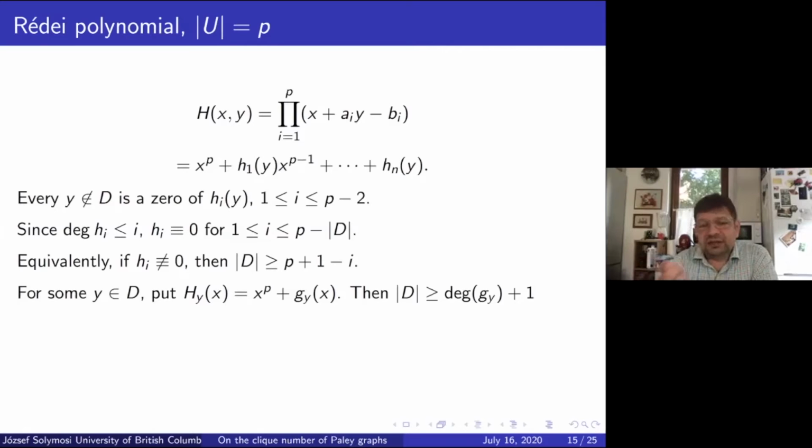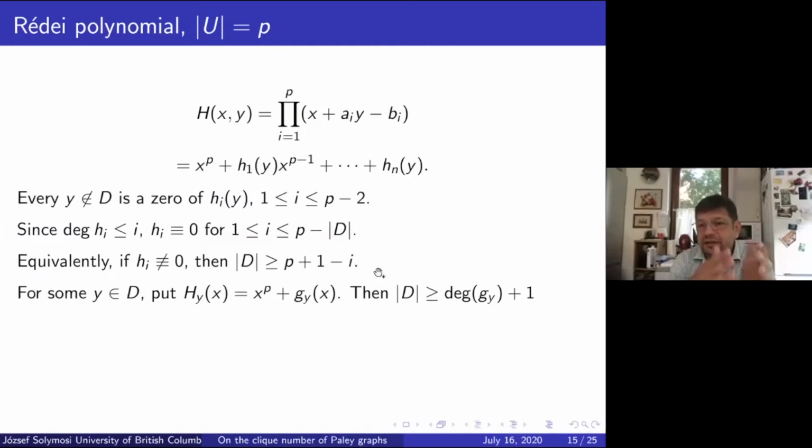So if for some reason we can read that a coefficient of this polynomial is not 0, say the i's coefficient is not 0, that means that the number of undefined directions is less than i. So let me repeat. If for some reason we can read from the polynomial that a certain coefficient hi is not everywhere 0, then the number of directions is at least p plus 1 minus i.